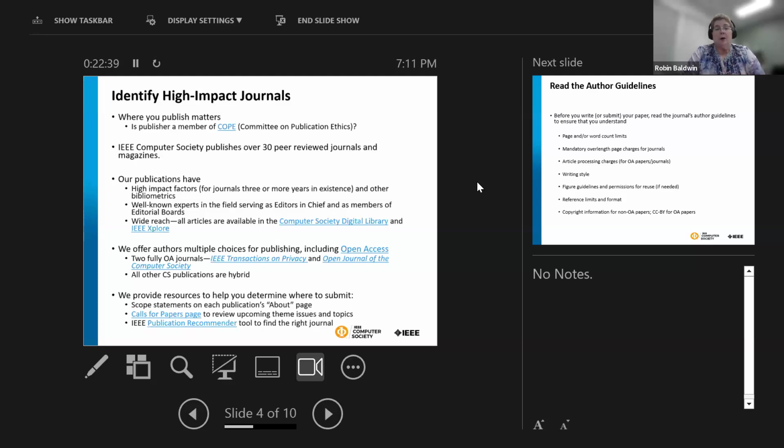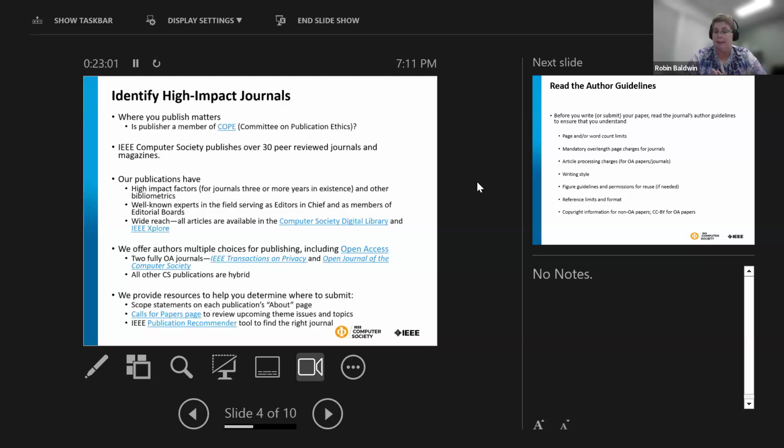So when you're thinking about where to publish, you want to identify what the high impact journals are. And of course, IEEE and IEEE Computer Society have very high impact journals. In fact, just a couple of months ago, our impact factors were published.